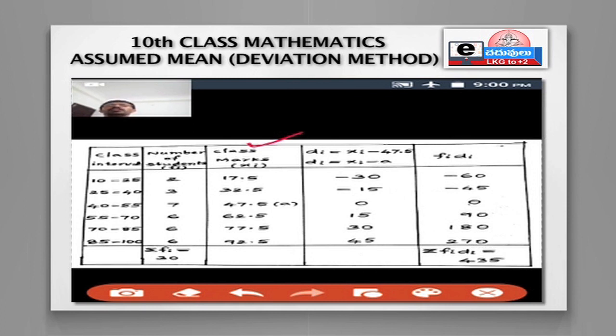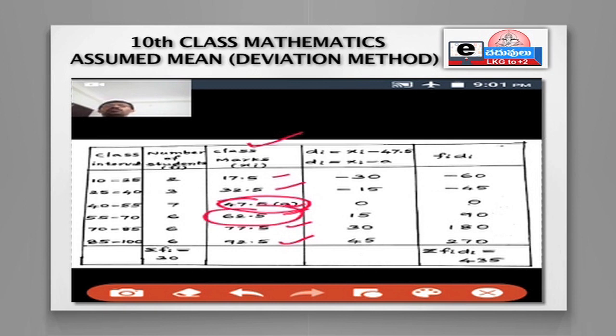Here how many class marks are there? Six. This is x1, this is x2, this is x3, x4, x5, x6. Which class marks lie in the center? Here this is x3 and this is x4.